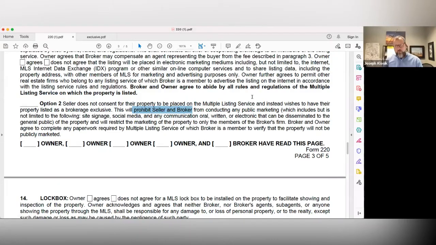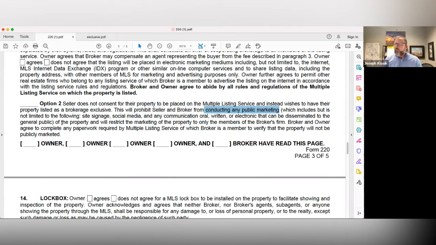Yet 9 times out of 10, when they've signed this, they have actually agreed to abide by the rules. So just want to keep that in mind. When you go through your listing agreement, you explain to them that by signing this, they are agreeing to the rules that are in here. This specifically states that if they go for brokerage exclusive, or they go to the one before where it says owner agree, they will not conduct any public marketing. Okay.